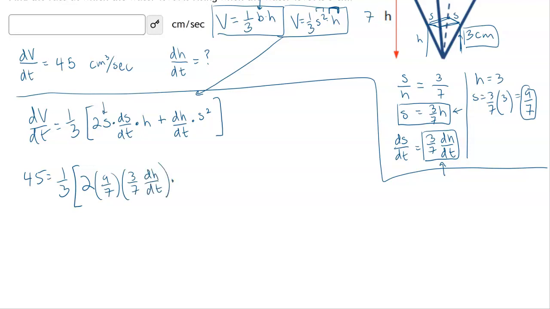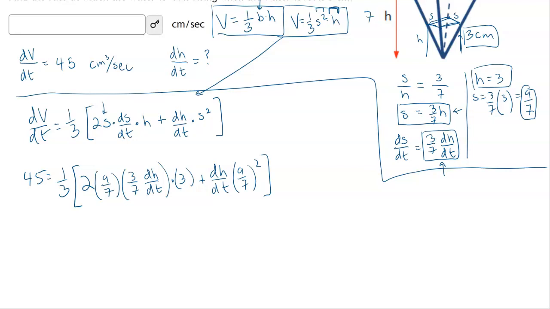And then we have times our h, which again, the problem specifically told us to use when h is 3. We have plus dh/dt again times s squared, so 9/7 squared. And so we have everything substituted.